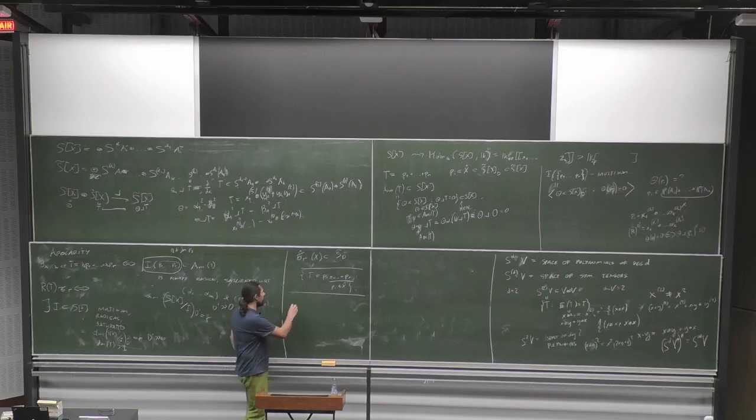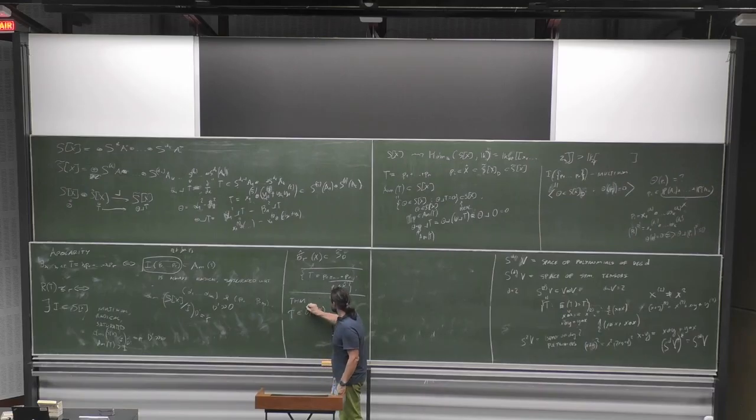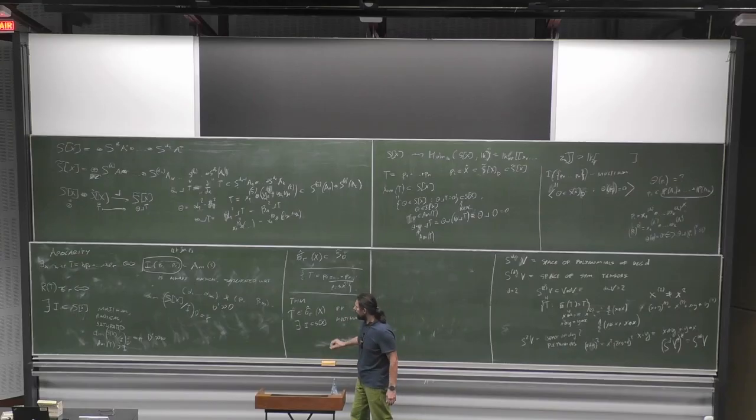And the result is the following theorem: T is in the secant variety of X if and only if there exists an ideal inside S of X, which is again multi-homogeneous, and it has the correct dimension.